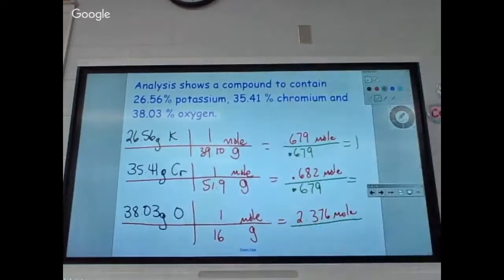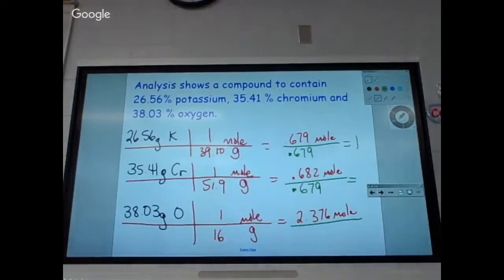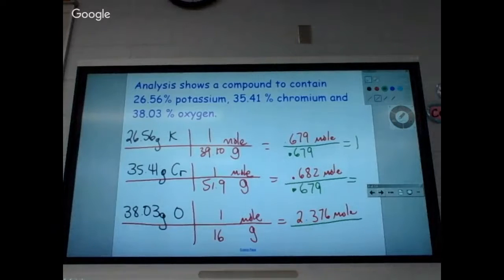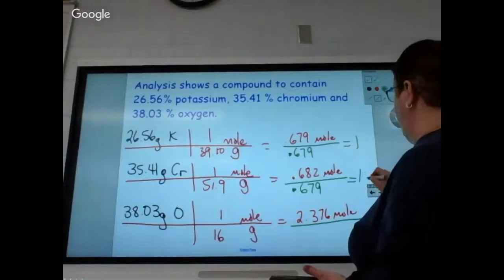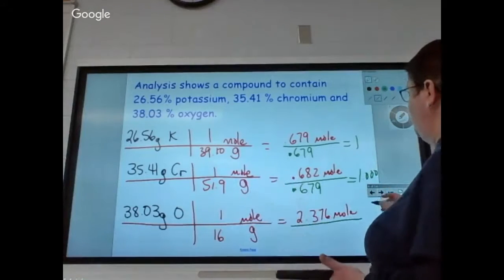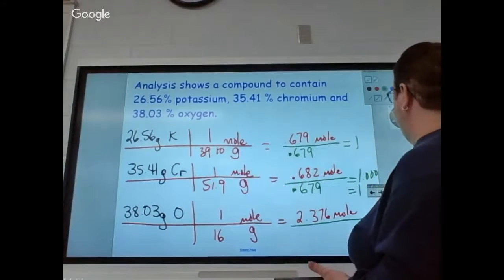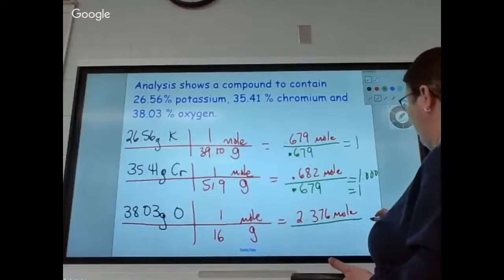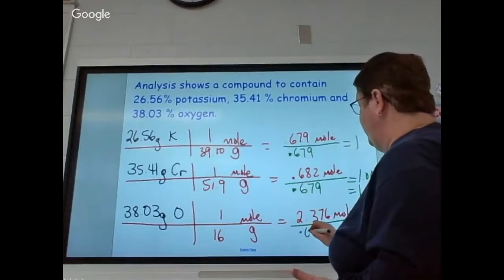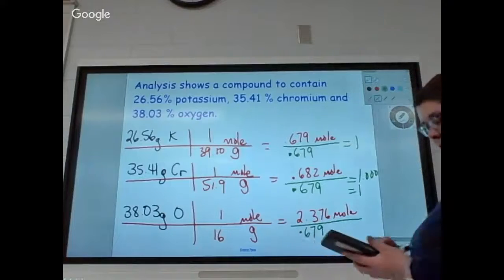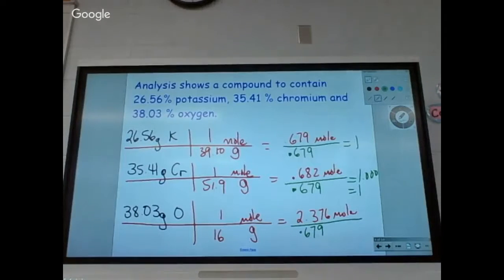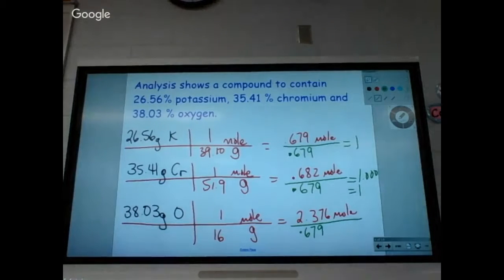Particularly that bottom number, because that's where the catch is. Okay, everybody can see that this one comes out at 1.00 something. And you can tell that's 1 pretty easily, right? It says bottom number, then things get a little hinky. Okay, so 2.376 divided by 0.679.